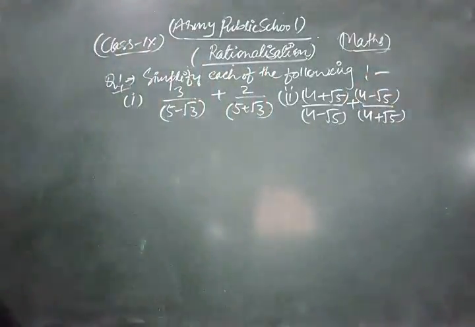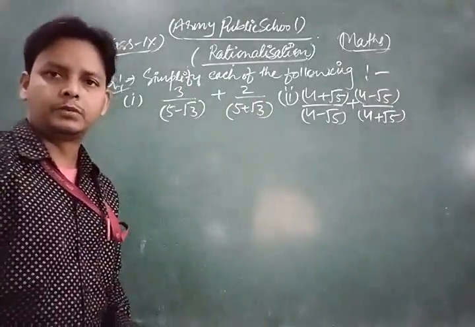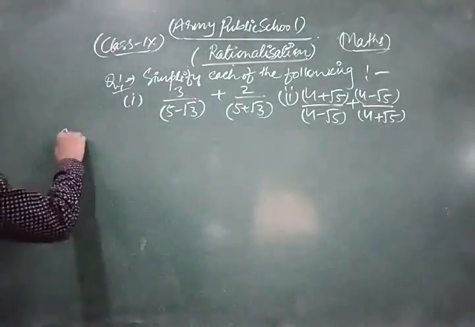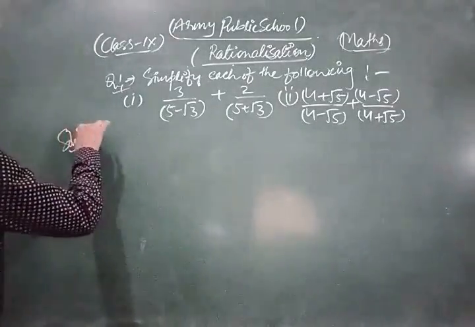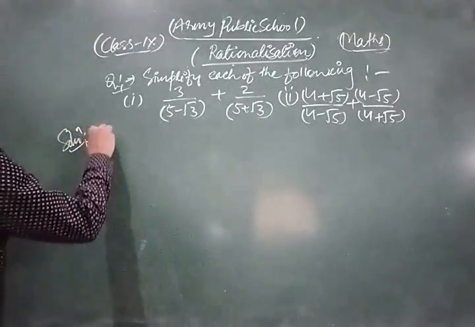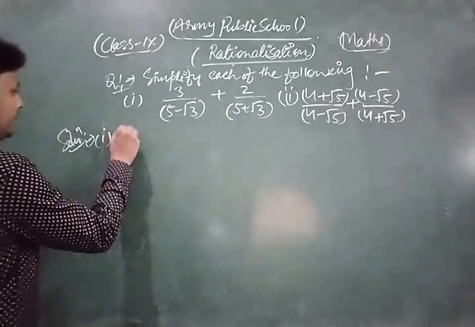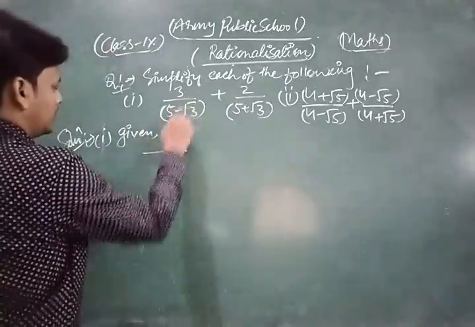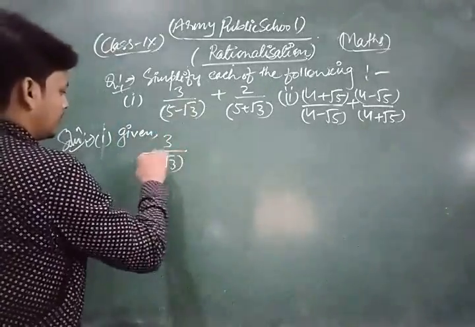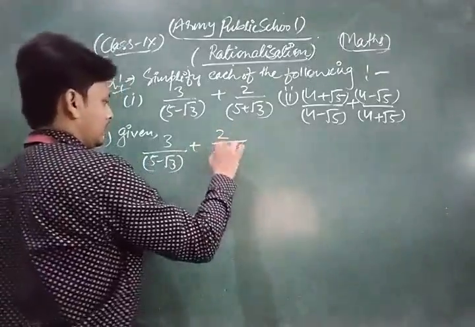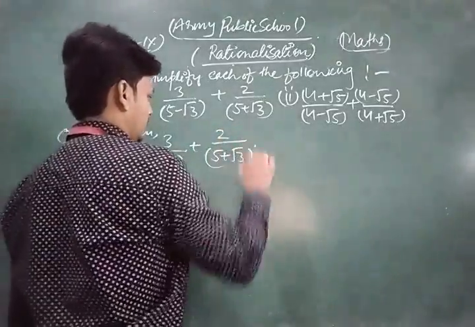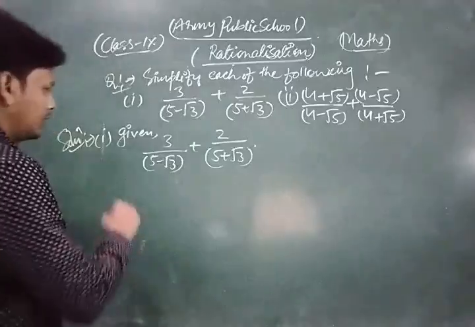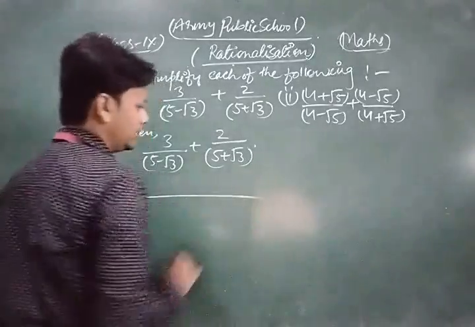This is a very important question of your syllabus. So first of all, we take the first part of this question and solve it. Look, so given. Okay, now we simplify them by taking the LCM of their denominator.